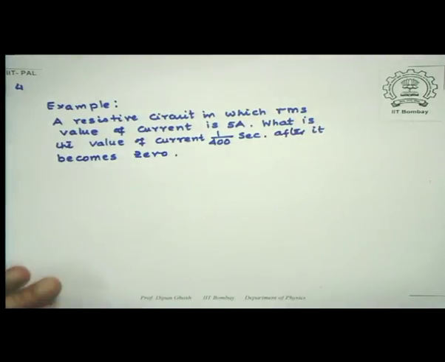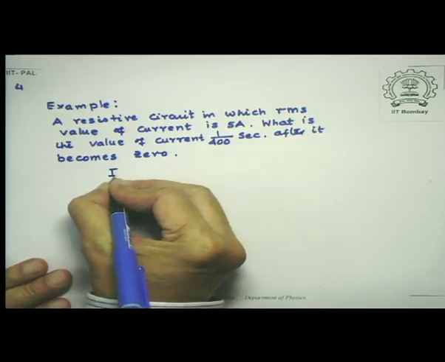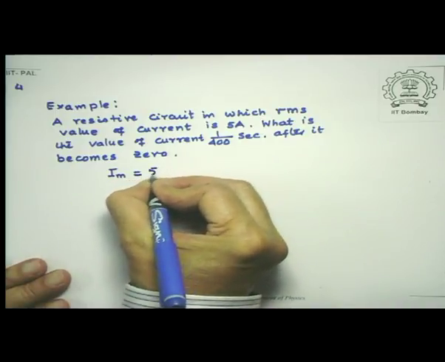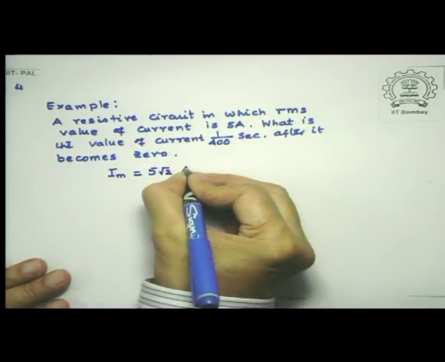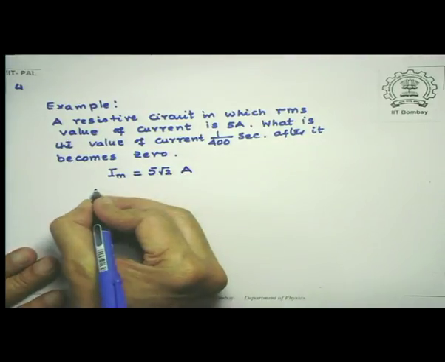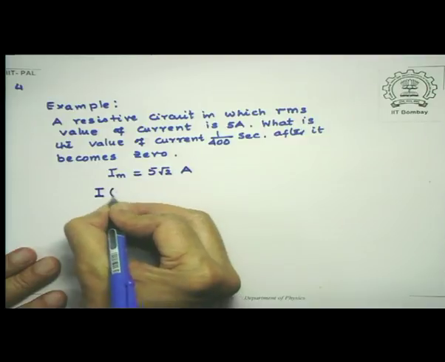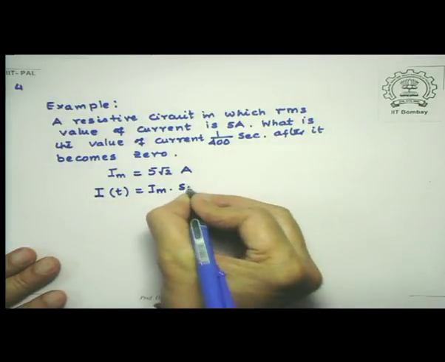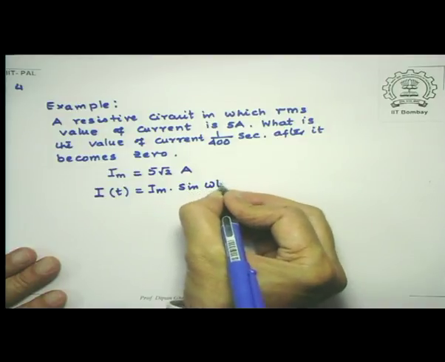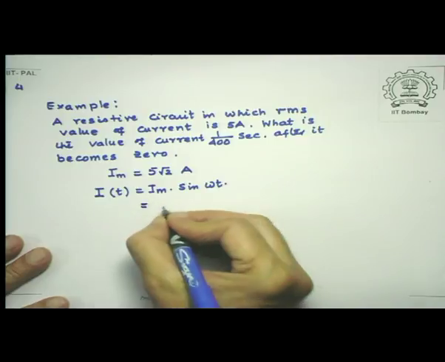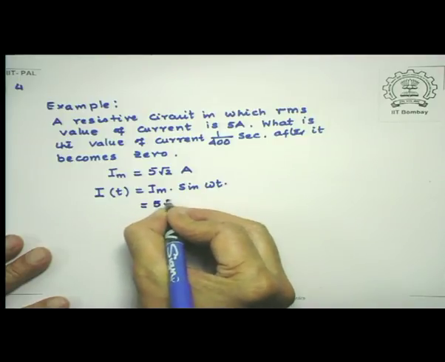So since I am given the RMS value is 5 ampere, I can get the maximum value of current, which I call as Im, by simply multiplying with square root of 2. So 5 square root of 2 ampere is the maximum value of the current. Therefore, my I at time t is given by Im sine omega t, and that's equal to 5 root 2.